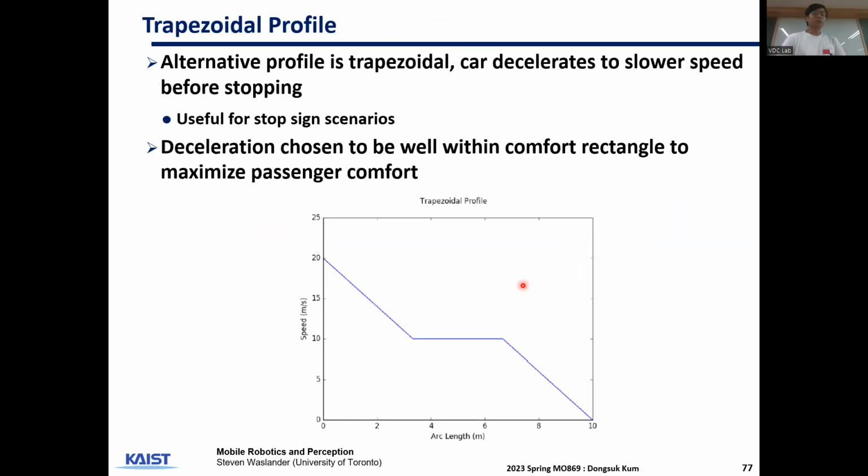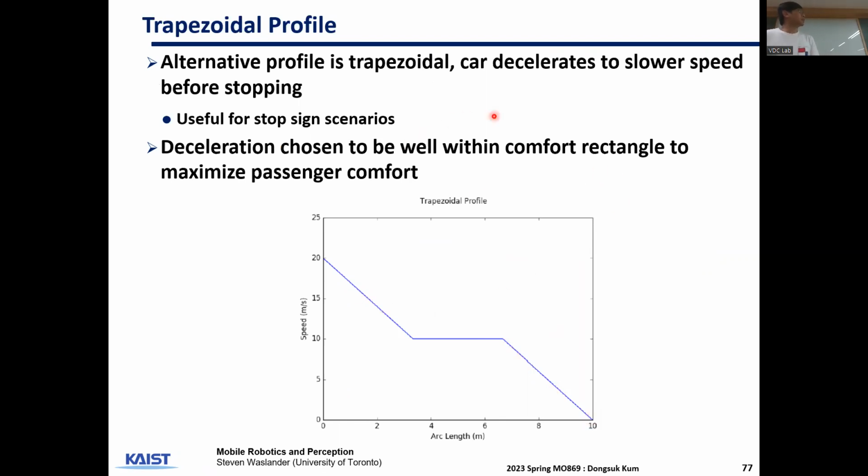The next example for the velocity profile is the trapezoidal profile, usually represented by an acceleration or deceleration, and then some constant velocity, and then another acceleration or deceleration.